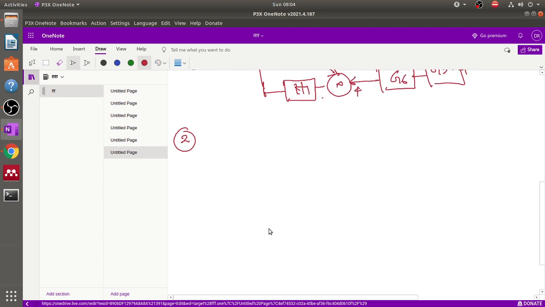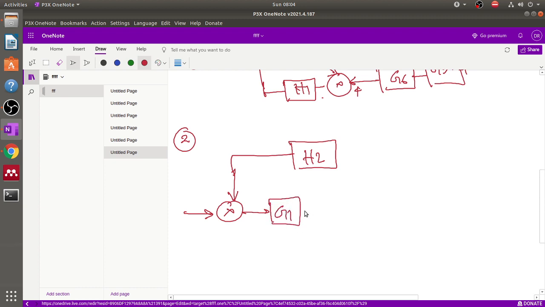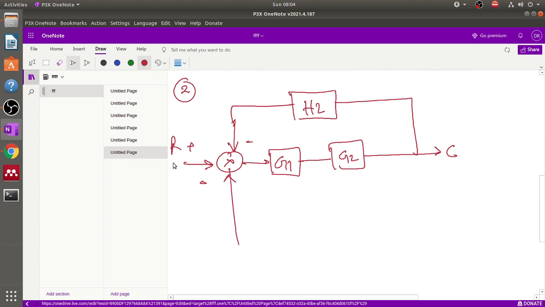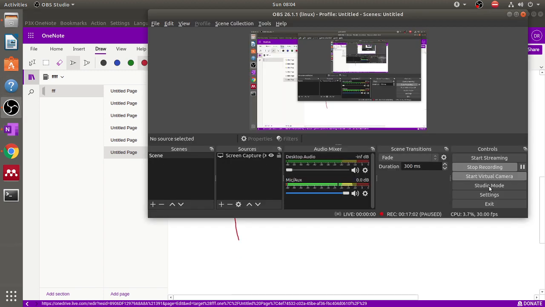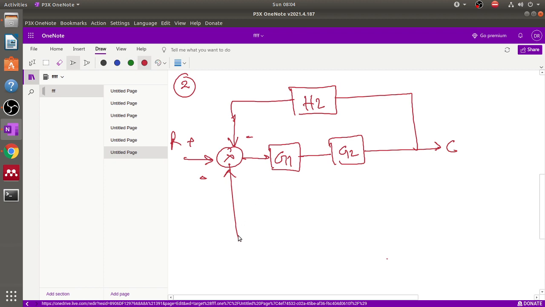Okay, so now what is the third block? Now in the third block, first here one feedback H2, here the gain G1, this is the gain G2, this is C, this is R, this is positive, this is negative, this is negative. Okay, then next this is H1, yes, right.